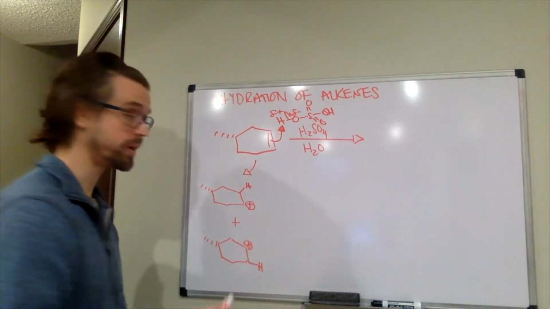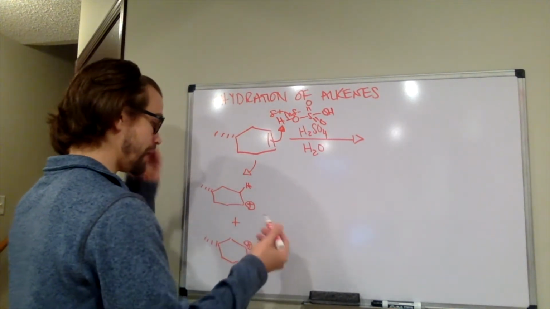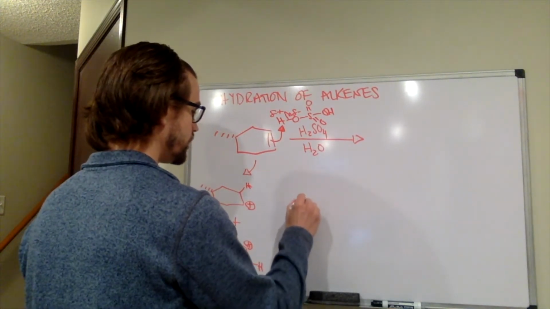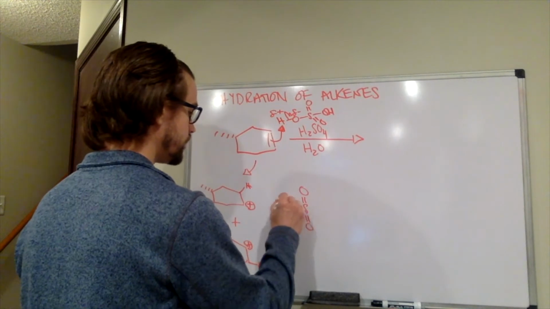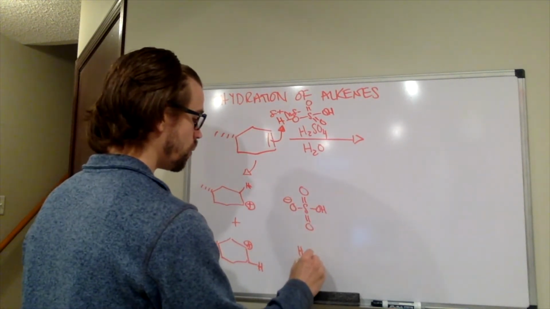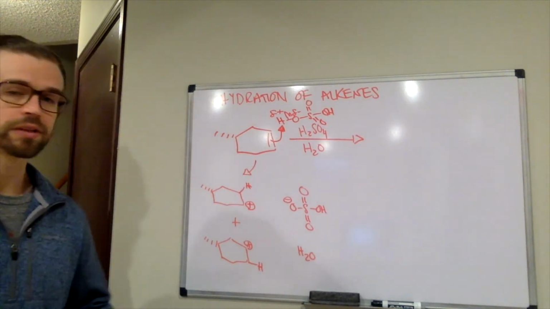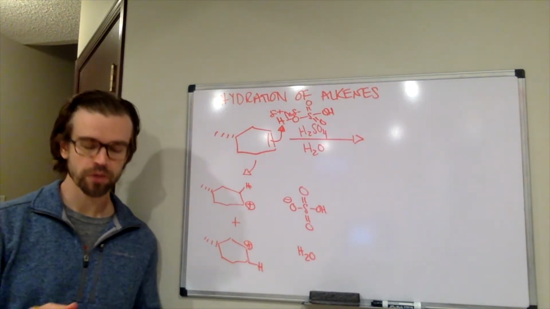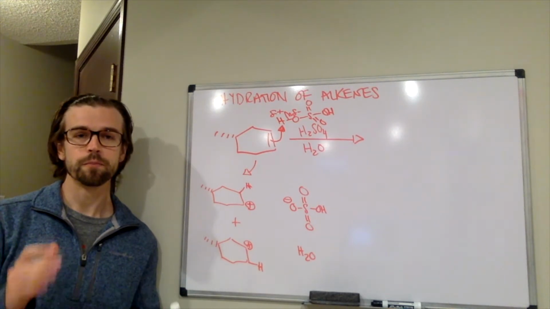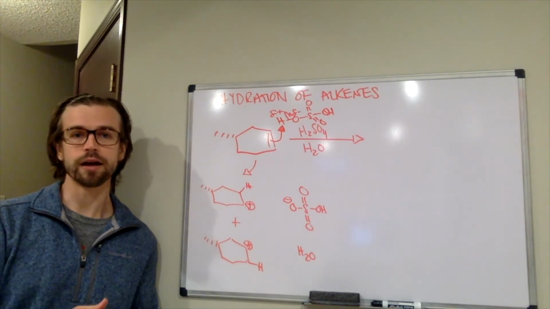So at this point, the question becomes, what's going to now add to that positive charge? We have the conjugate base of sulfuric acid around. We have water around. Which of these is a stronger nucleophile? Remember, we would relate nucleophilicity to basicity: stronger base, stronger nucleophile.